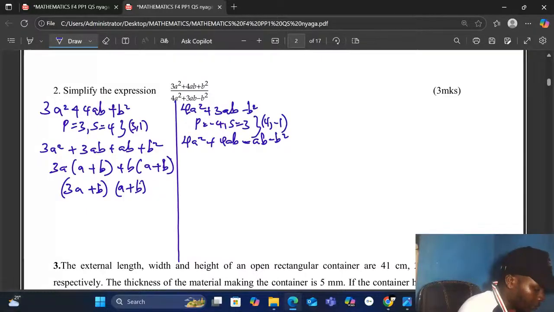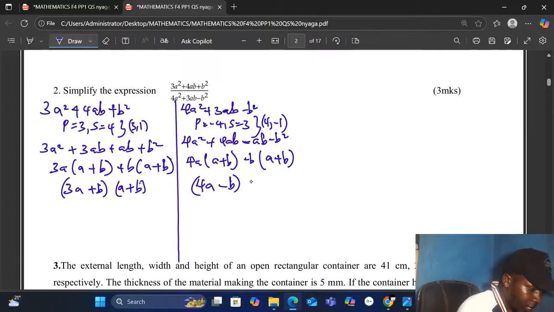So we factor out 4a so that we have a plus b, so that our answer is 4a minus b and then a plus b. So this is the numerator, this is the denominator.